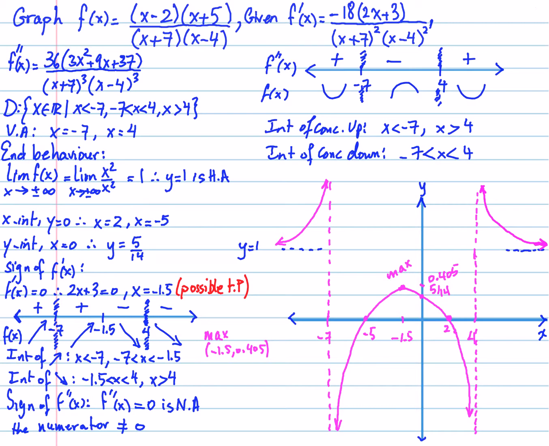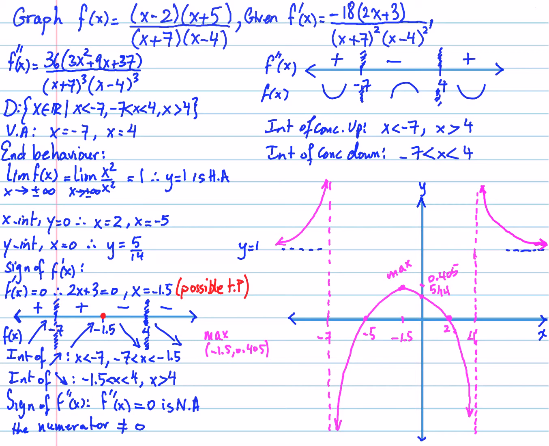So drawing the number line for the sign of f prime of x, we realize that the restrictions are negative 7 and 4, where we have vertical asymptotes. And at negative 1.5, that is a root for f prime of x. And now we need to determine the signs as they change. We notice that at negative 7 and at 4 on f prime of x, they're both even restrictions.